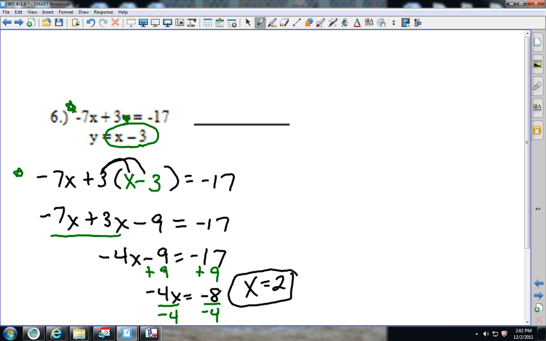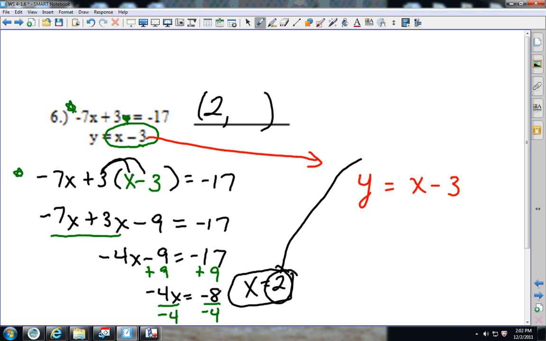Now I need to find the y. Choose one of the two equations. This one's going to come over here. I've got y equals x minus 3. X is 2, so let's put 2 in here. Y equals 2 minus 3. 2 minus 3 is negative 1. There's my solution. The two lines intersect at 2, negative 1.